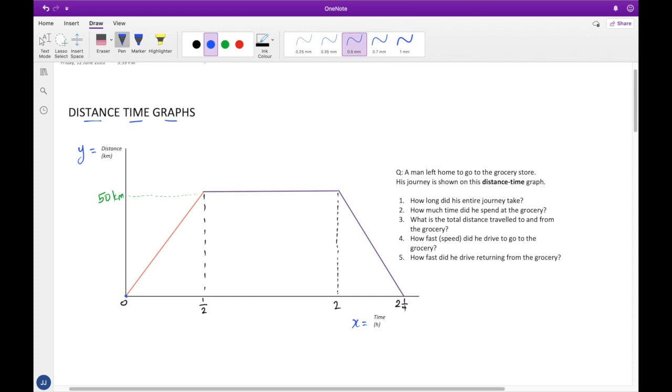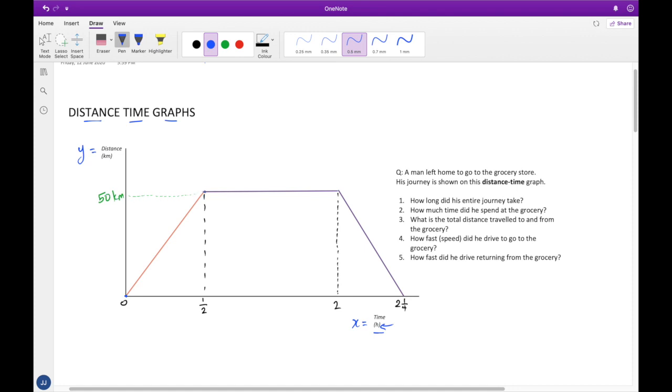We can see here that as time goes by, in half an hour, because this little h here tells us time is measured in hours, right? So in half an hour, he got to the grocery store, being 50 kilometers away.